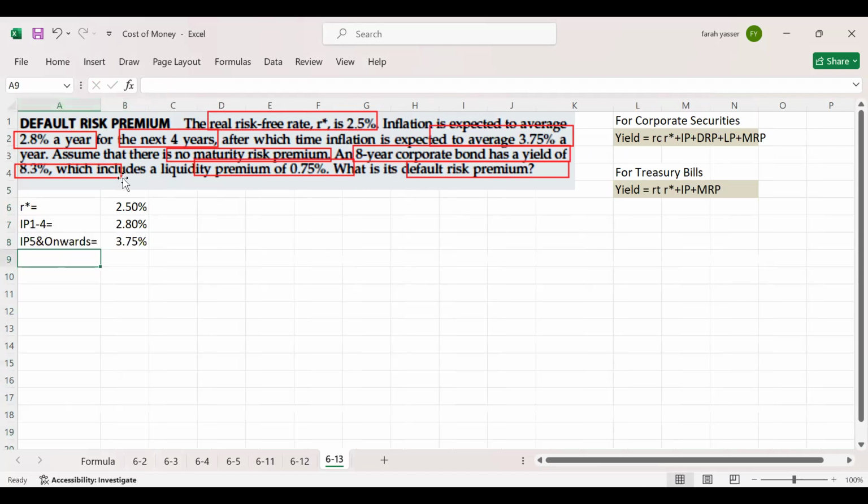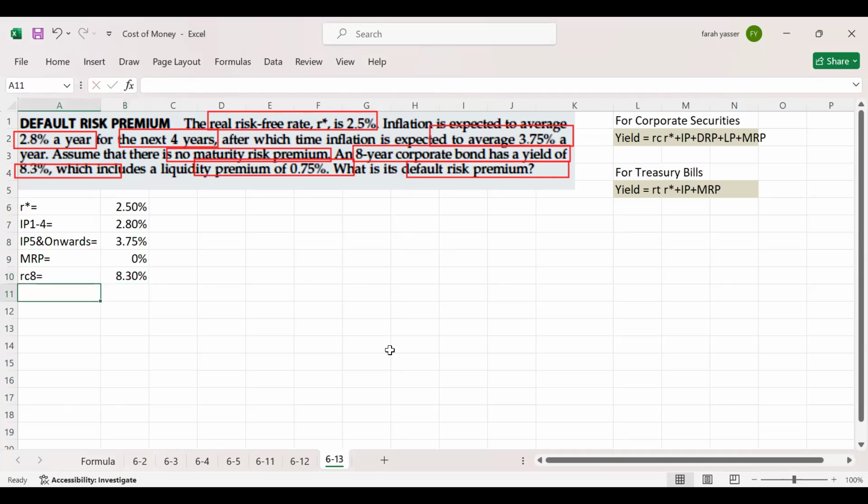The next is MRP. There is no MRP, MRP is 0%. Then yield. Yield means R C, C means corporate, for a time of 8 years. So RC8 is given, which is 8.3%.